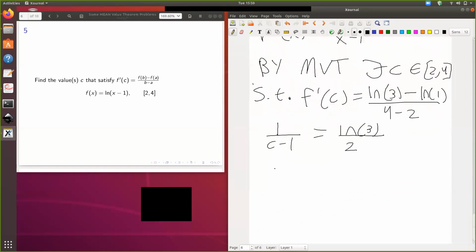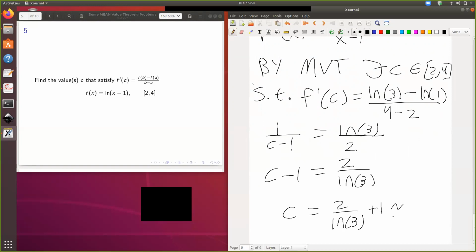Let's do a little flipping action. C minus 1 equals 2 over ln of 3. And then C equals 2 over ln of 3 plus 1.